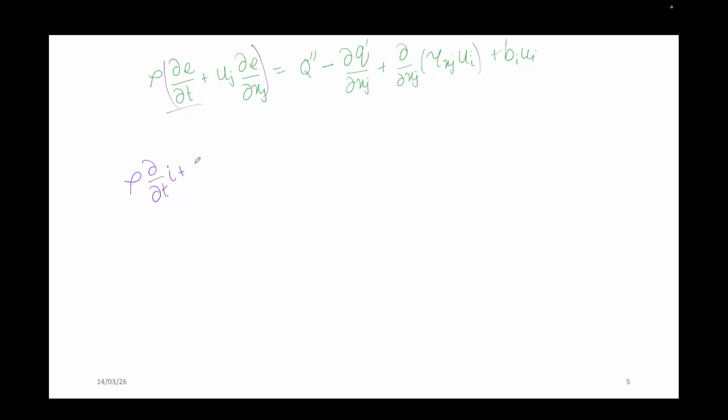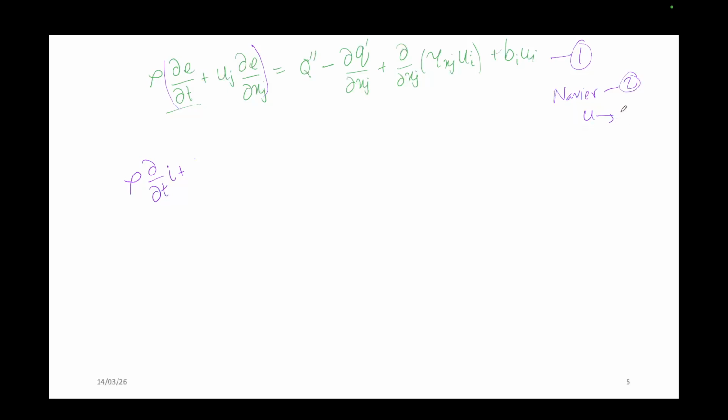In place of E, I replace it with I, the internal energy. Total energy basically consists of kinetic energy and internal energy, and potential energy is also there. But we have only included the bi ui term, which is your body force, that is, the potential term. So in this U, we will not count the potential term. We will count only the kinetic energy term and the internal energy term. So this is your energy equation 1. From the Navier-Stokes equation you can get this velocity term, which correlates with kinetic energy.